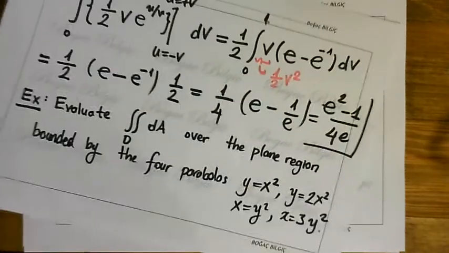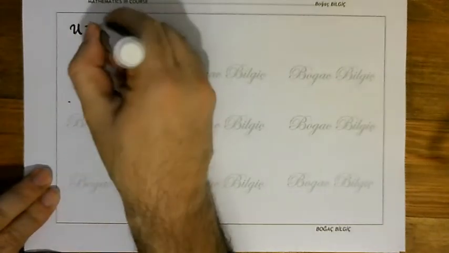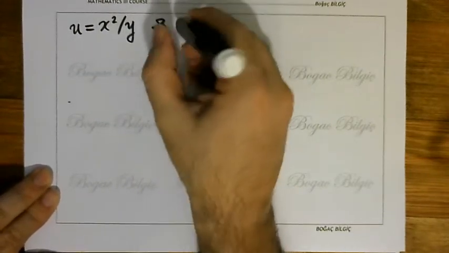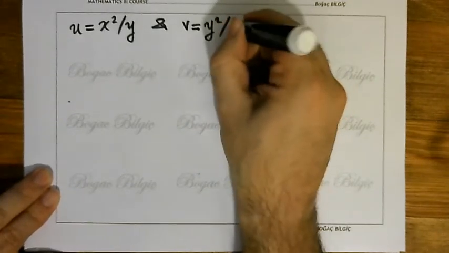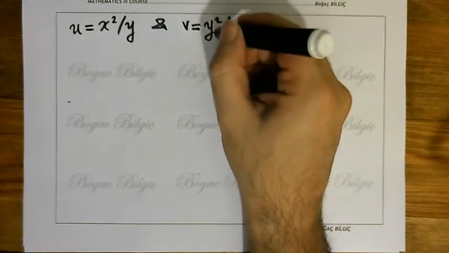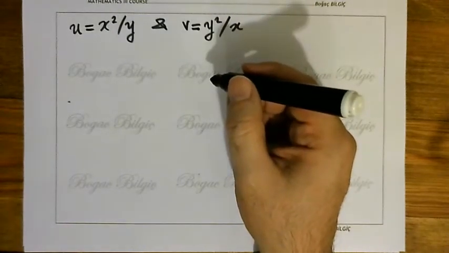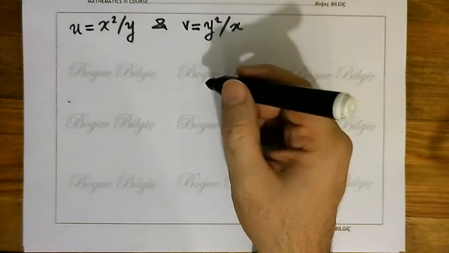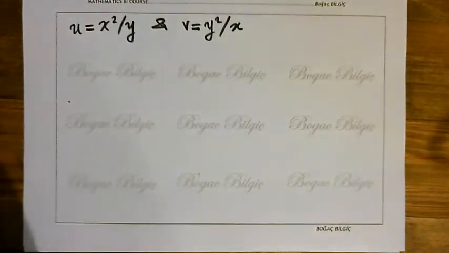Now, letting u is x square divided by y and v is y square divided by x, you can determine the bounds for region D-star in the uv plane to be, we calculate now.